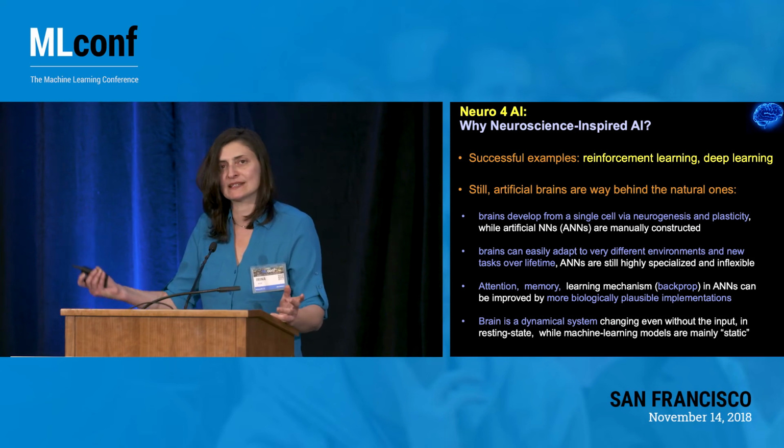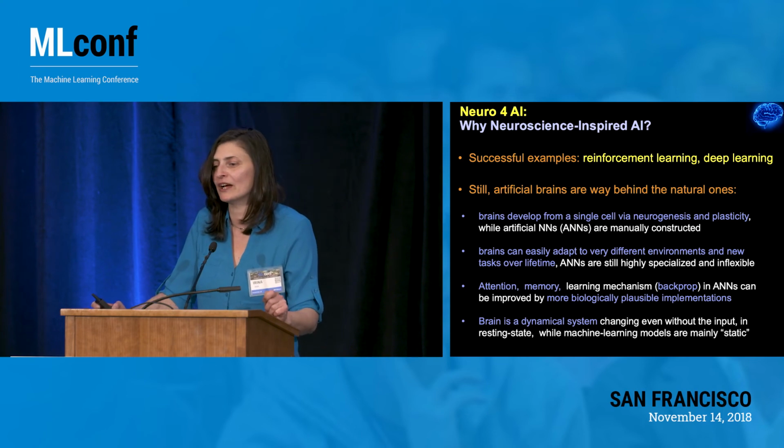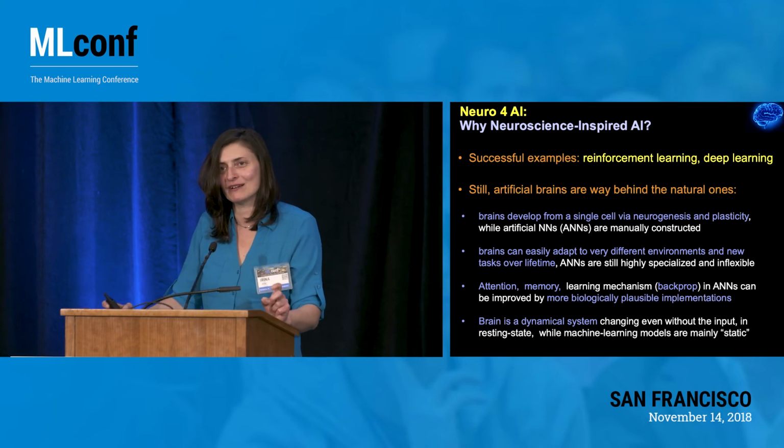There are other aspects that are not quite covered by modern deep learning as well. Attention and memory are working quite nicely, but if you look at actual attention and memory in the brain, they are very far from what we call attention and memory in machine learning. And as I mentioned before, the brain is a dynamical system, highly complex, extremely high dimensional, highly coupled, but it's a dynamical system.